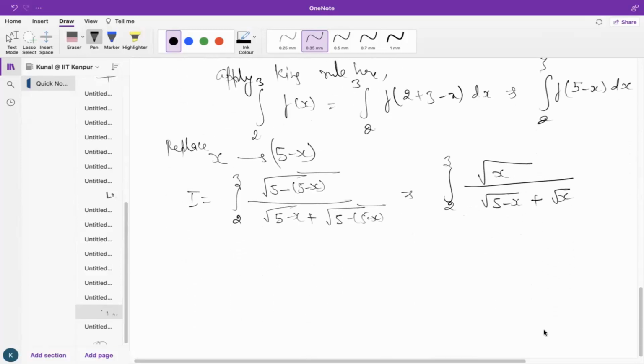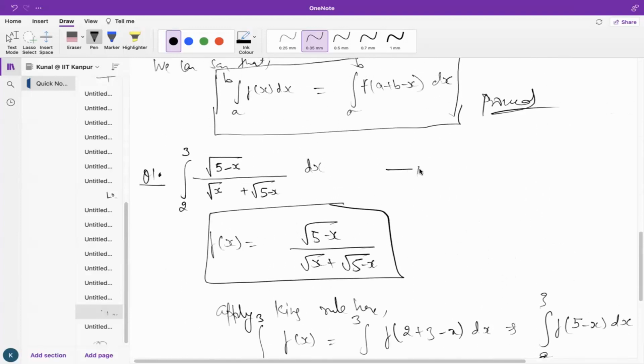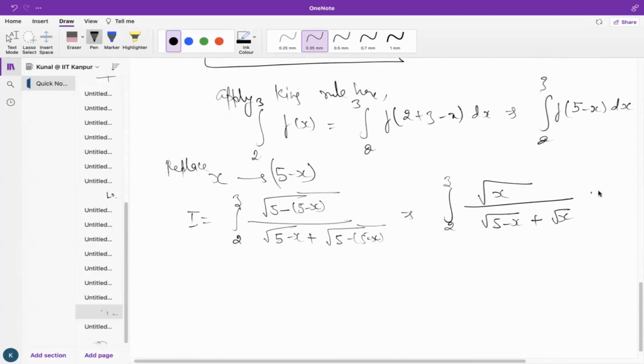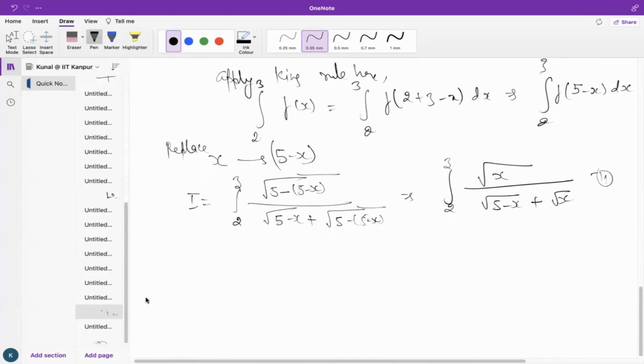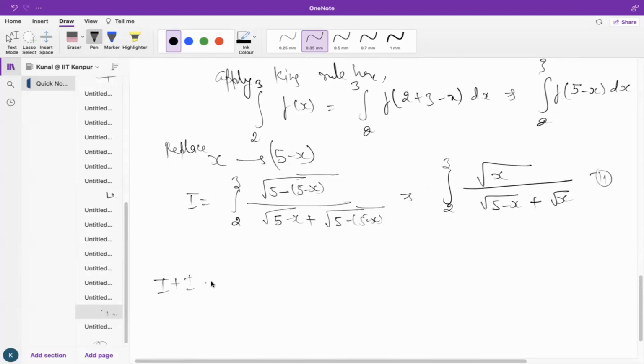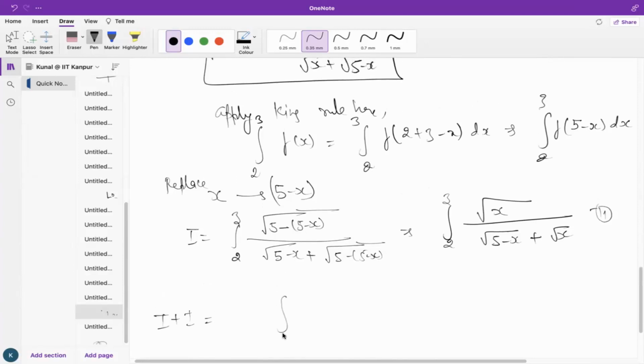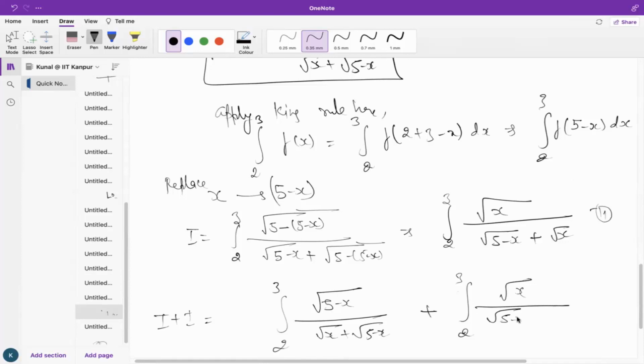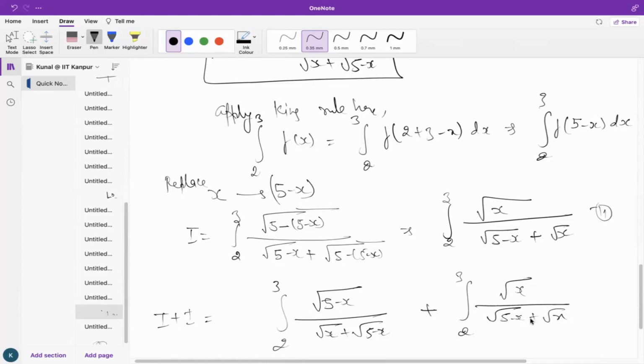Now, if I add this integration, which is I, and this integration, which is also I, both are equal. So I plus I, what I get is: integral from 2 to 3 of root under (5 minus x) by root under x plus root under (5 minus x), plus we are integrating the same function but in a different form.